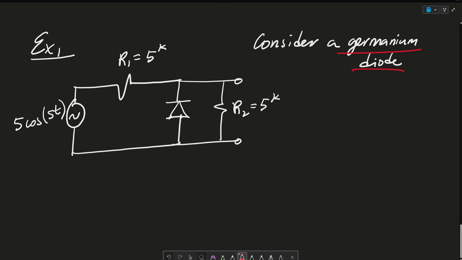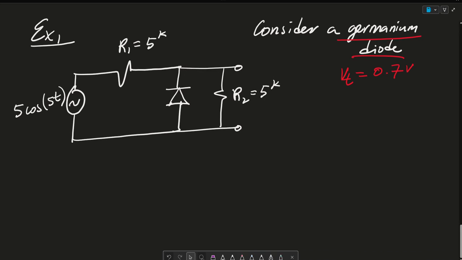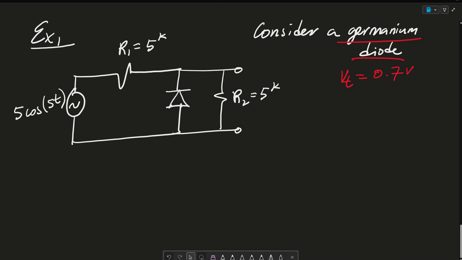That means that the V threshold across the diode is going to be 0.7 volts in the forward bias region. So we know that this is a negative parallel clipper circuit.